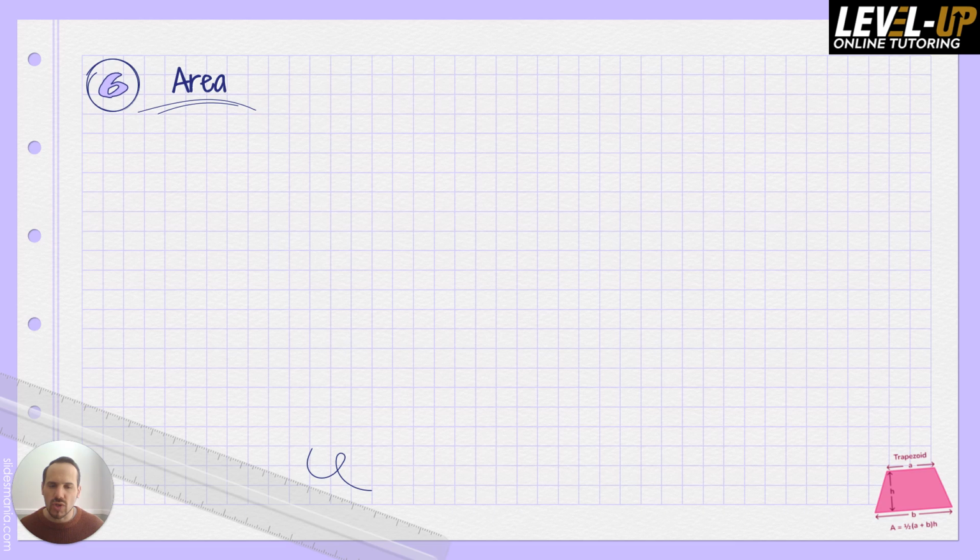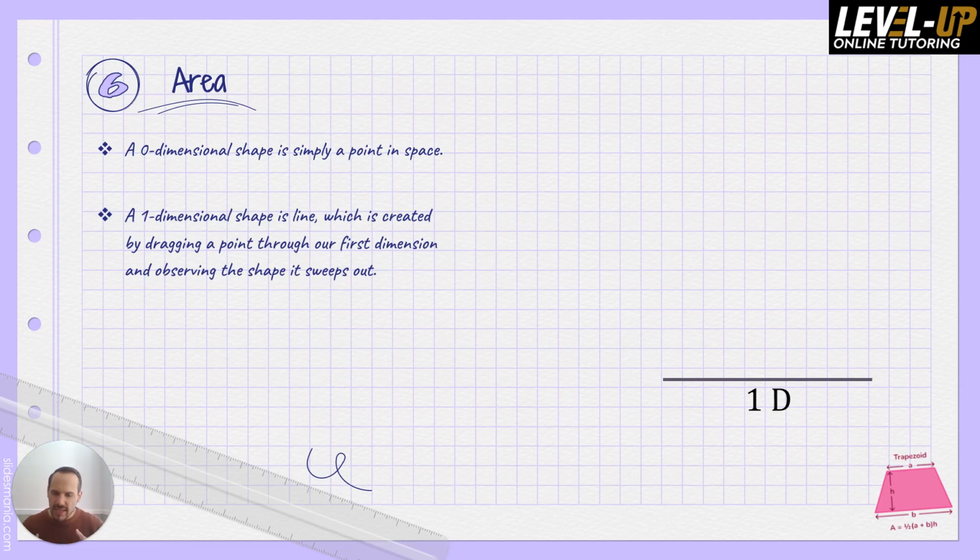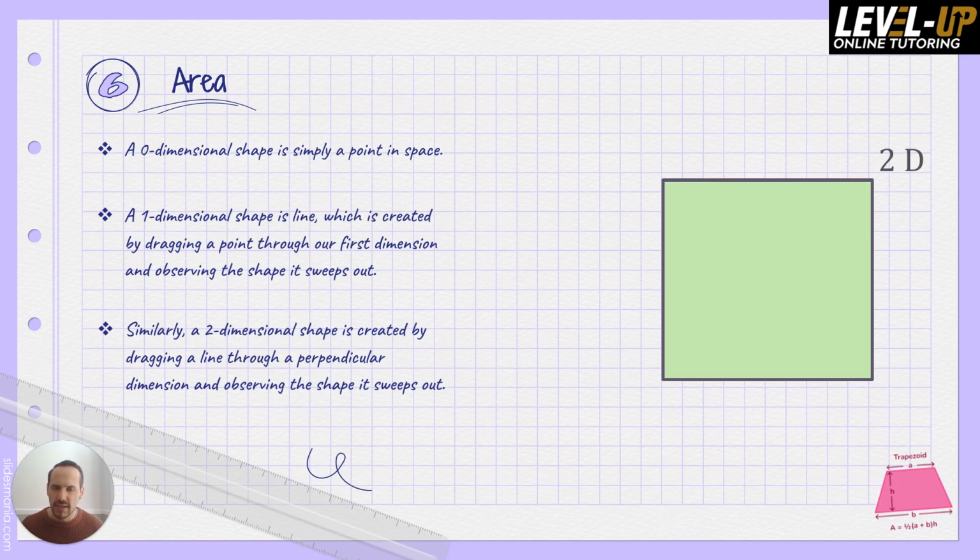So what I want to do is quickly go over what area actually is. If we imagine building up our dimensions, a 0-dimensional shape is kind of like a point. Then you can imagine taking that point and dragging it along. It produces a 1-dimensional line. And then it's the same thing again. You imagine taking that line and you drag it up another perpendicular distance.